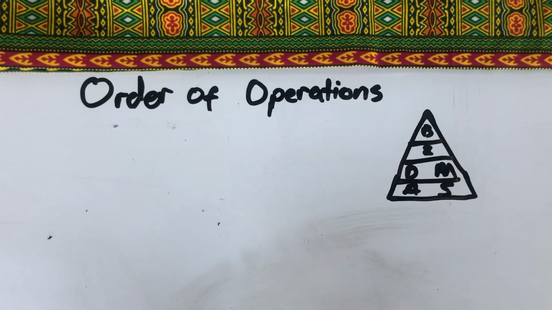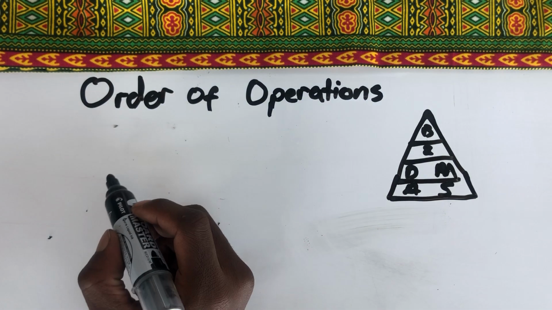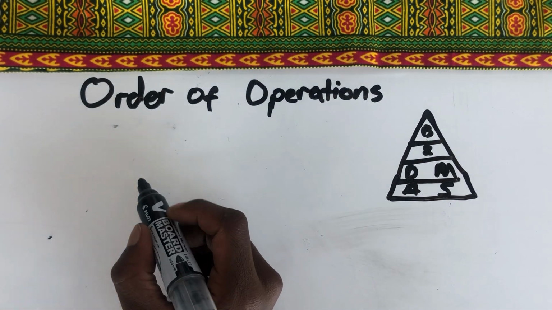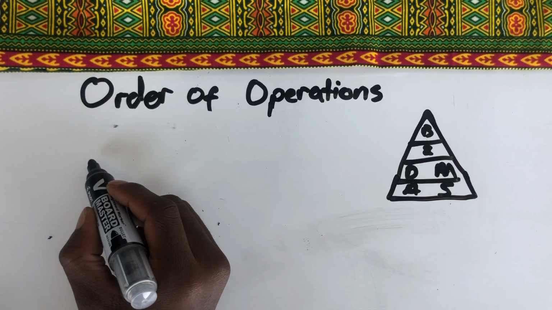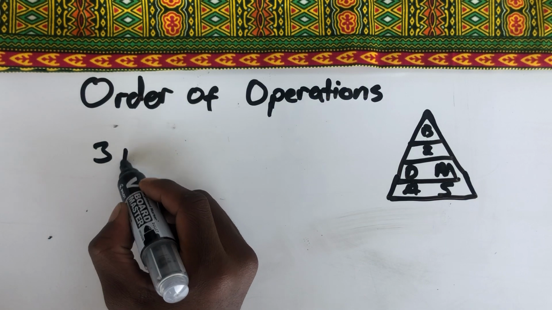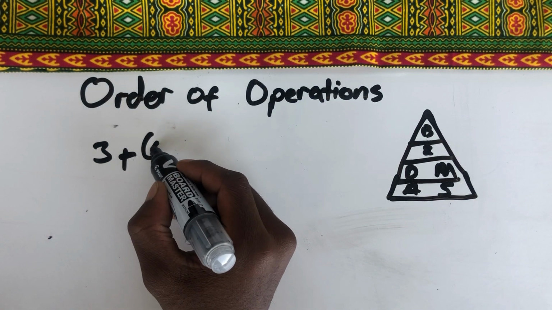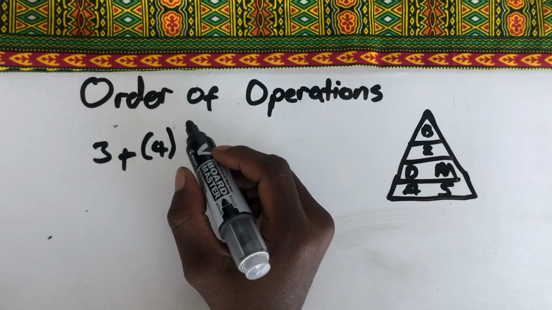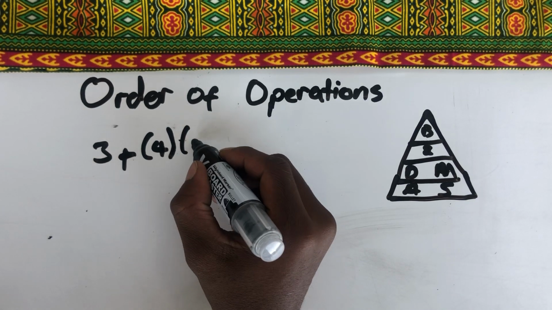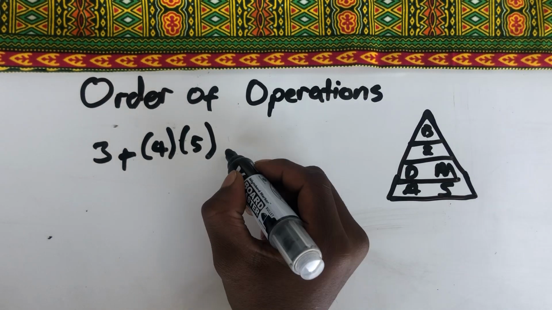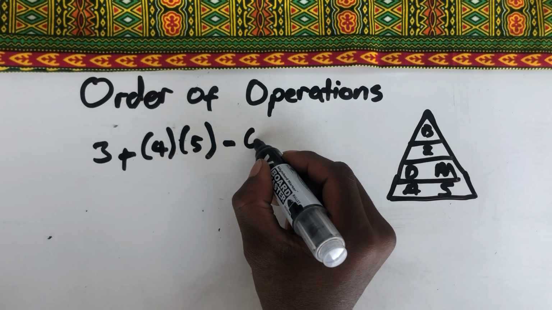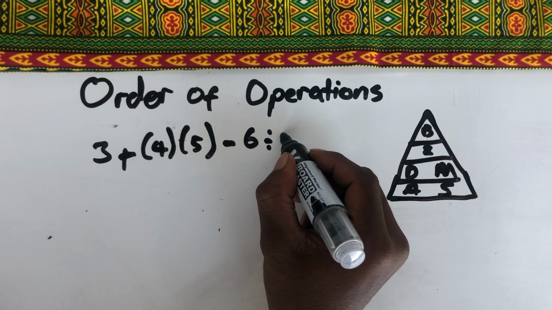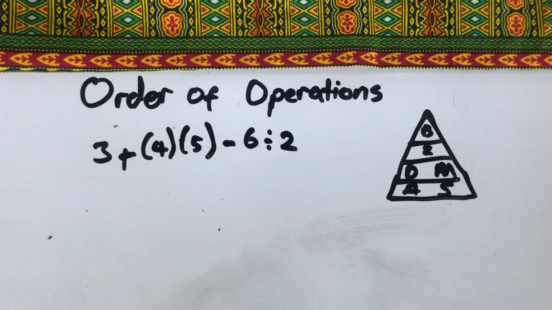And I'm going to look at something a bit simpler so you understand what I'm talking about. Let's see if we have 3 plus, open bracket, 4, and then in brackets again we have 5, minus 6 divided by 2.